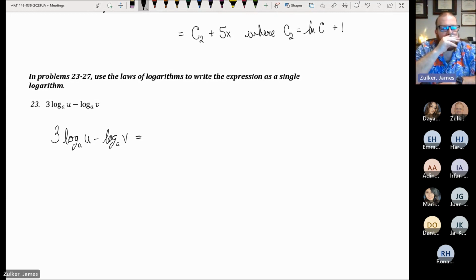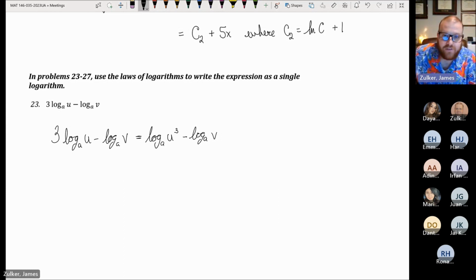So the first thing that we notice is we have a scalar multiple, right? This first term. So we raise what we're taking the log of to that power.